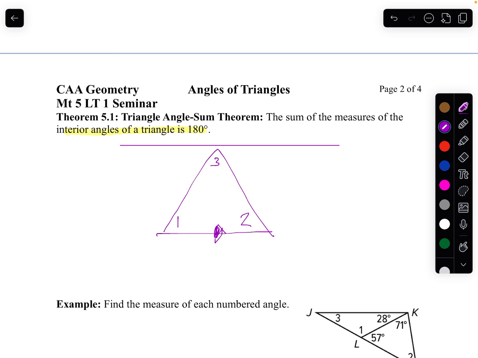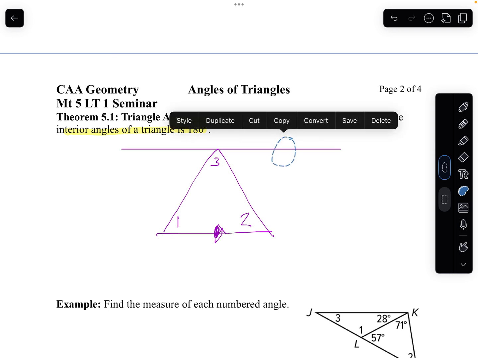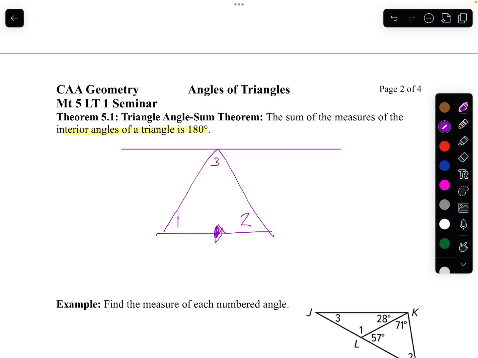And then I'm going to move it down so it corresponds. Now, why can I do that? That's called your parallel postulate we talked about. We don't use it very often, but it says I can draw any line parallel to another line whenever I want. That's what we're doing.